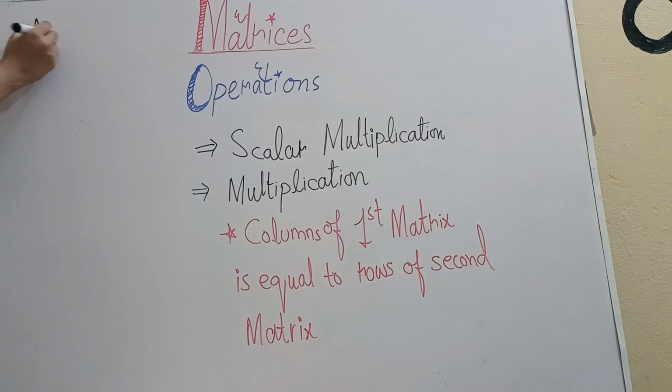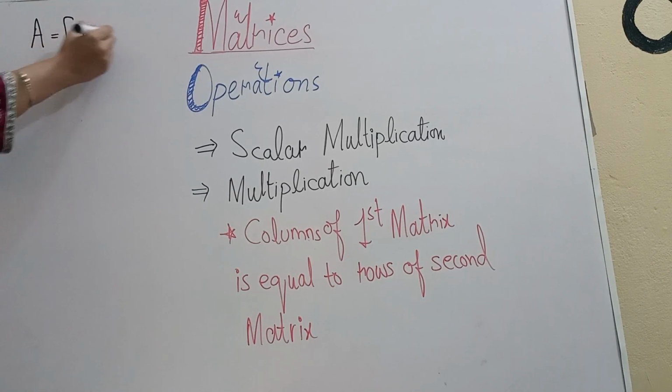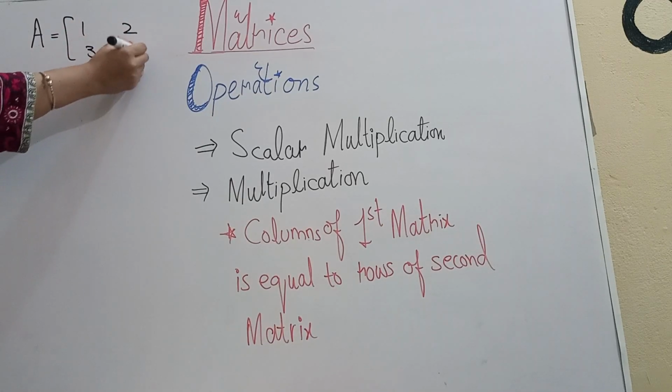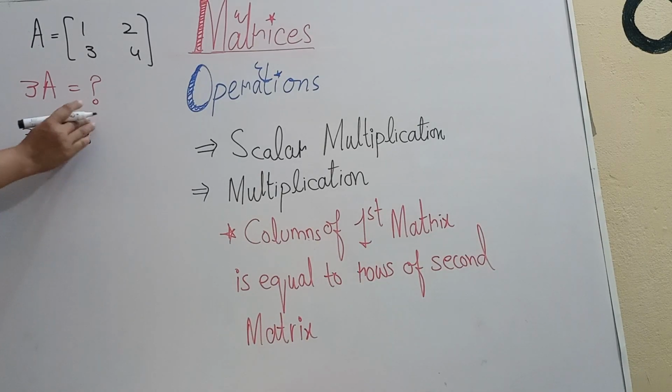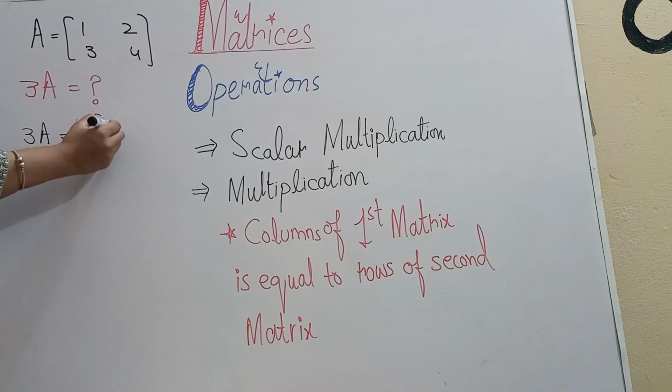We have a matrix A which has elements 1, 2, 3, 4. I'm taking random numbers. And here we have to find 3A. That means we have to multiply our matrix with the number 3. For this we have to write the number and the whole matrix.